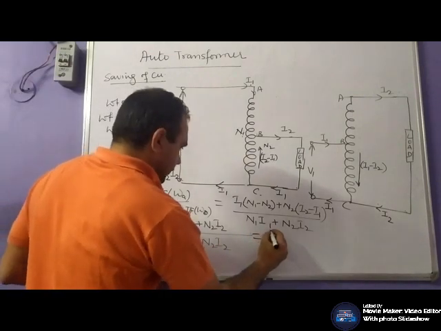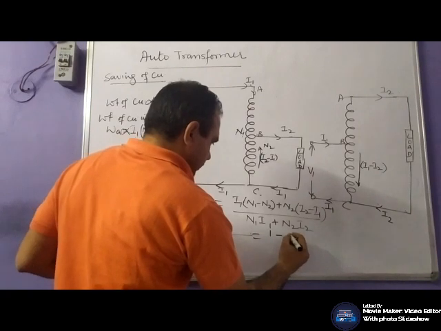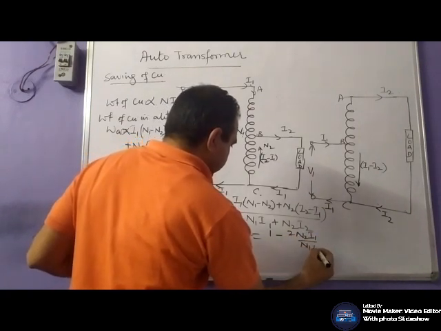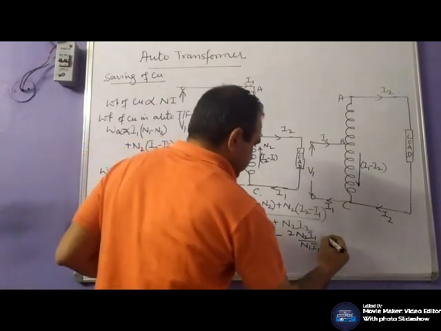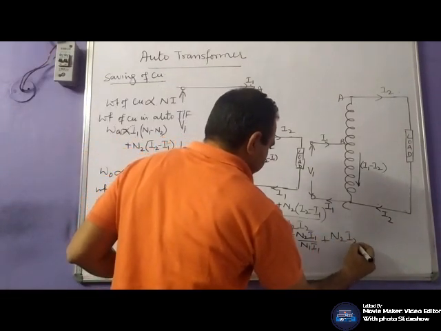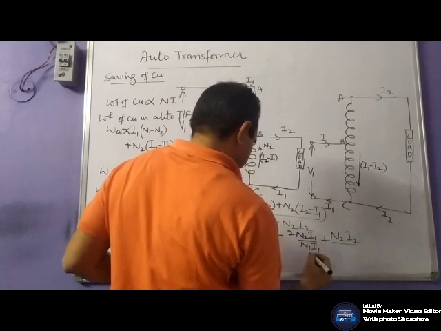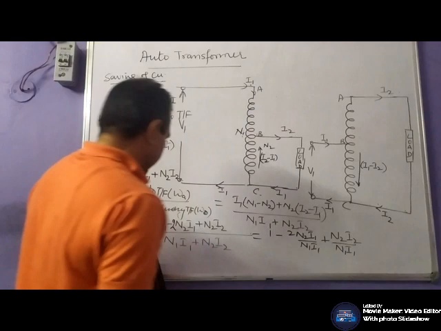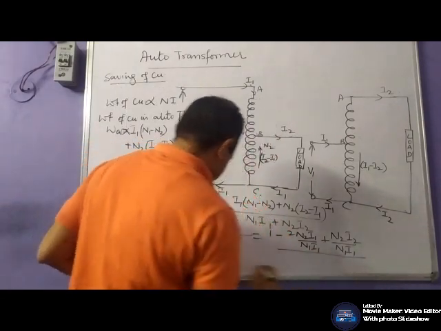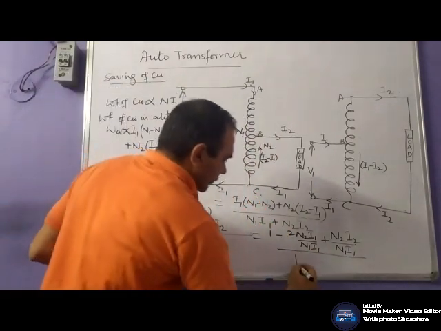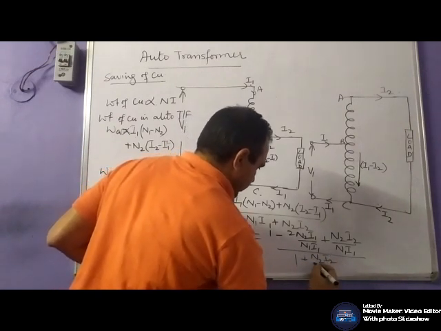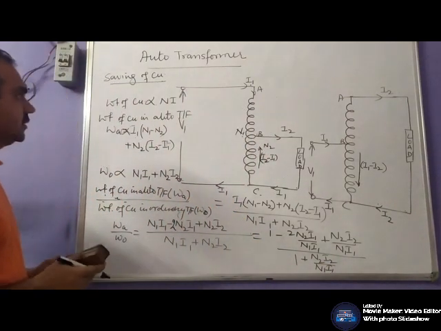We will have 1 minus 2 N2 I1 by N1 I1, plus N2 I2 by N1 I1, divided by 1 plus N2 I2 by N1 I1.